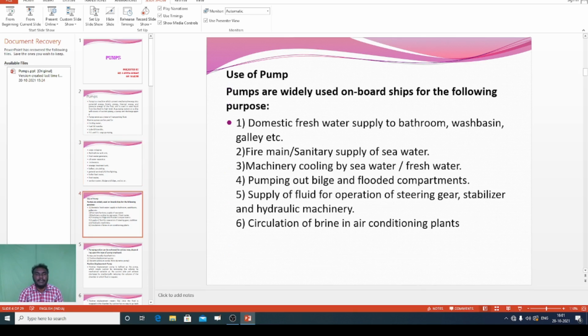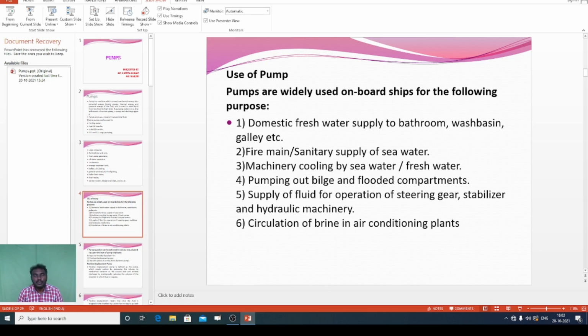According to the points, we use them for multiple purposes. First is domestic fresh water supply to the bathroom, galley, etc., and firefighting and sanitary supply of seawater, machinery cooling by seawater and fresh water, pumping out bilge and flooded compartments, and supply of fluid for the operation of steering gears, stabilizers and hydraulic machineries, and circulation of brine and air conditioning.